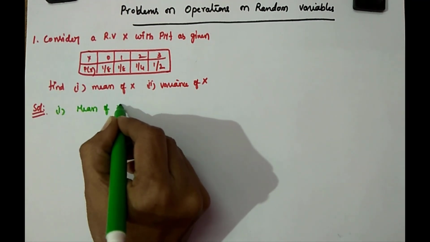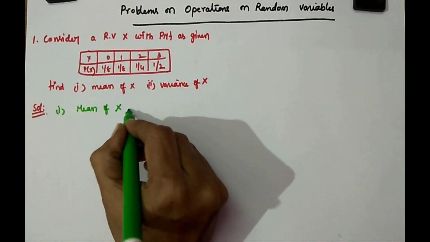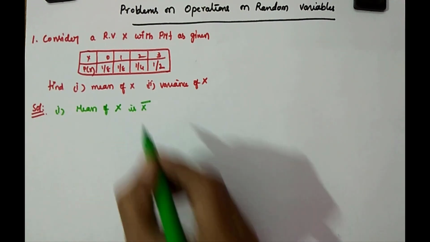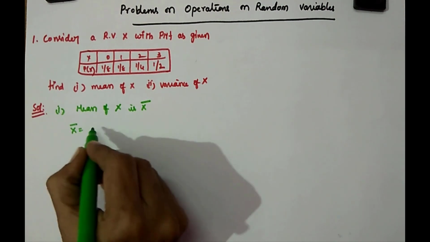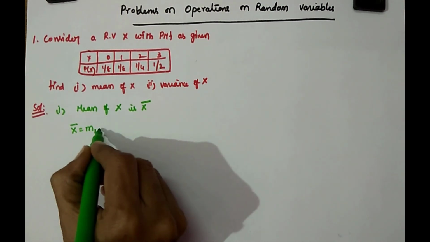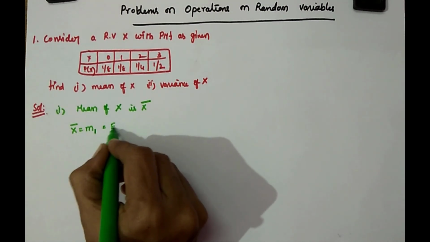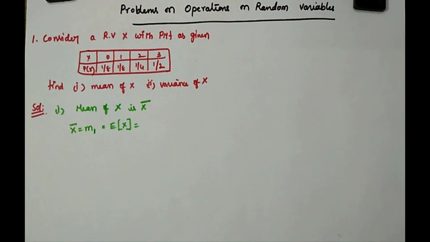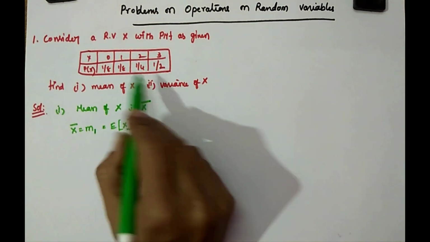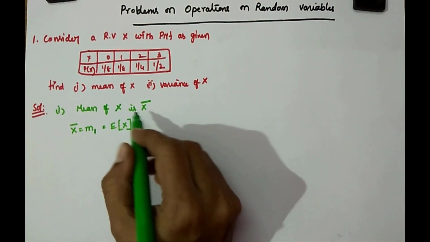Mean of x is represented by x bar. What is x bar? The other notation is m1. You can also call it as expectation of x. The problem is about the discrete random variable.